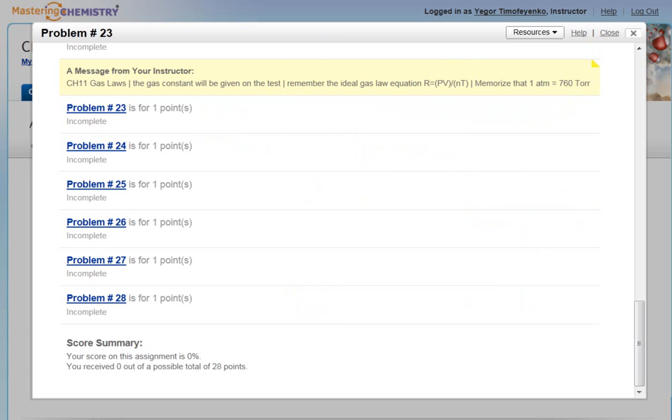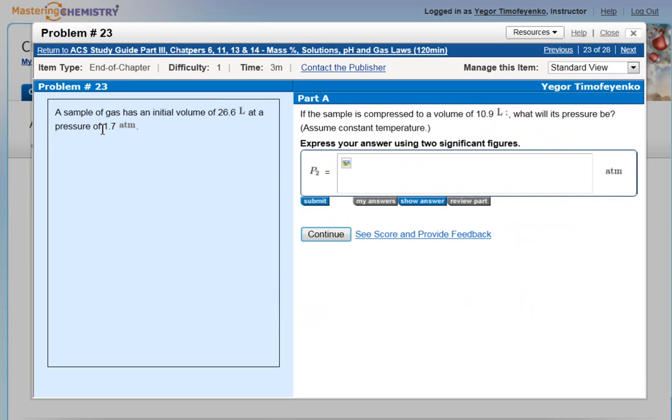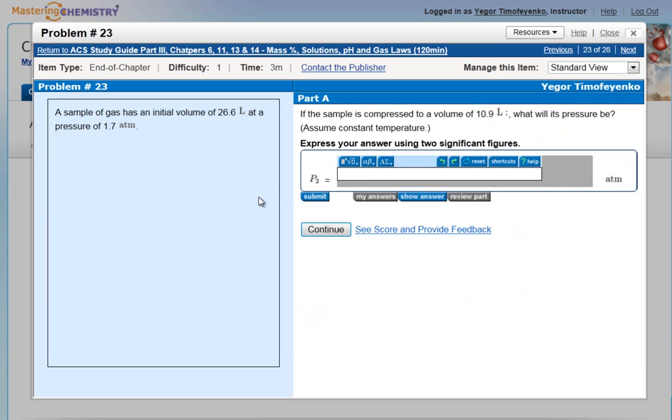So let's look at some of the problems. As always, in terms of formula problems, we have to inventory what we're dealing with. Problem 23: a sample of gas has an initial volume and pressure. If the sample is compressed, which means it decreases volume to 10.9, what will the pressure be?